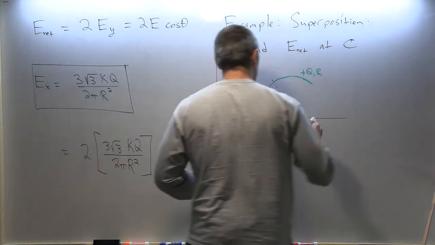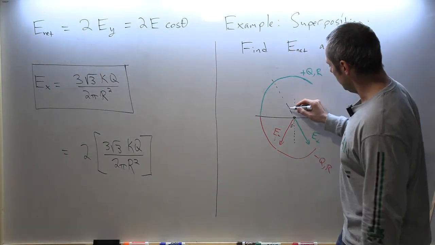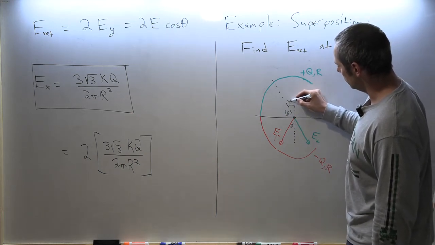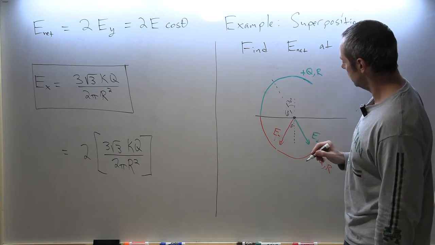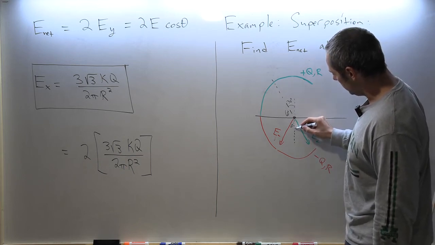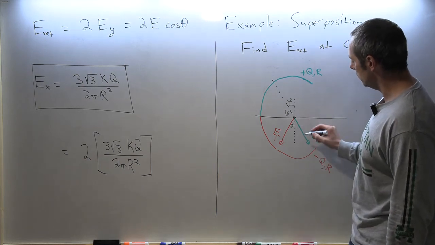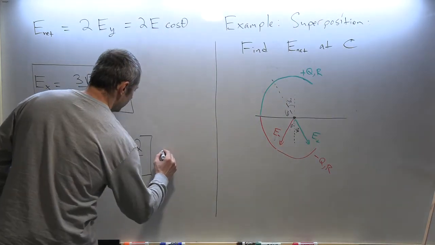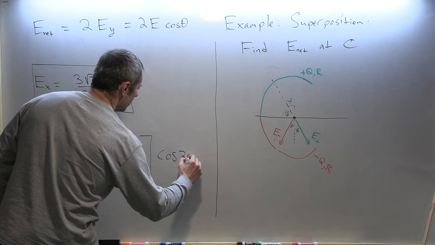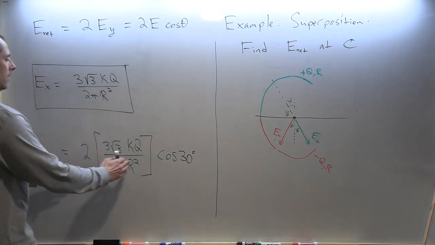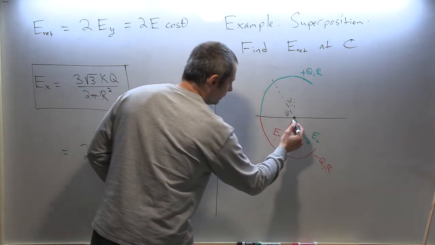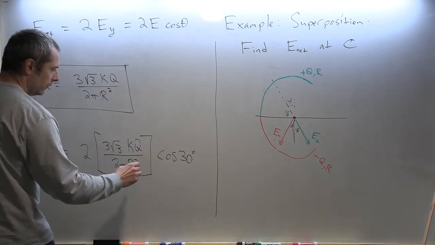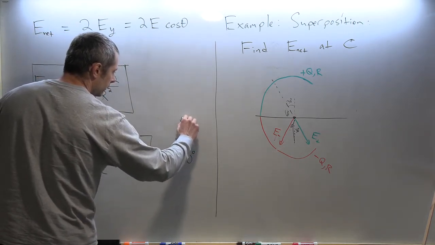Well, if this is 60 degrees, as we said, then this is 30 degrees, the other part of 90. And therefore, this is 30 and that's 30. So we know that angle's 30 degrees. So we could say cosine of 30: 2 times the length of one arrow times cos to pick the y component, doubling it because we got 2 y components. And the cos of 30 is radical 3 over 2.